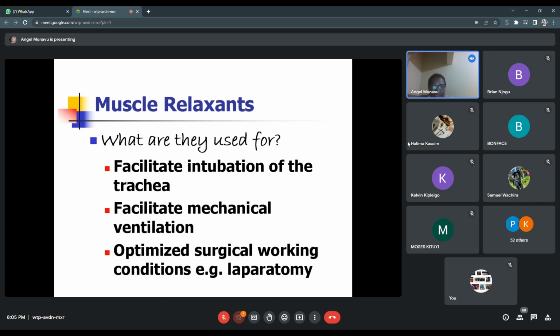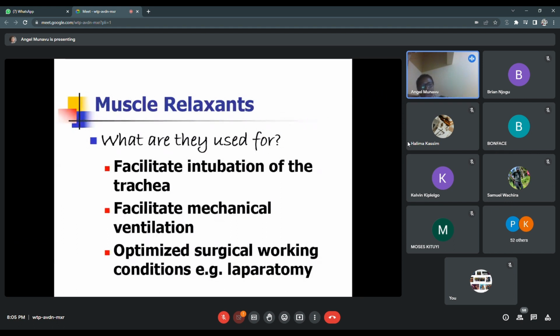These muscle relaxants are used, one, to facilitate intubation of the trachea. Remember that time I came with some teaching aids, the laryngoscope and the breathing circuit, and I was telling you that when you give intravenous anesthetic, at times you're called upon to put an endotracheal tube.